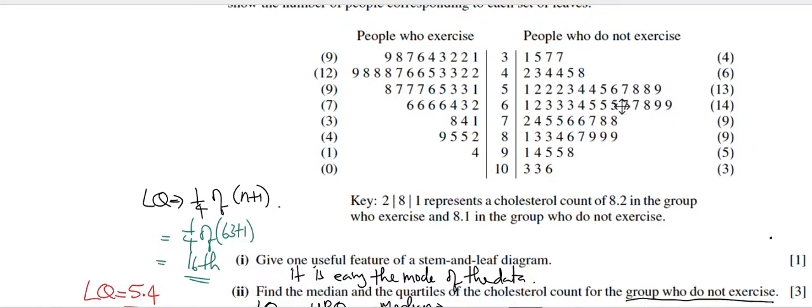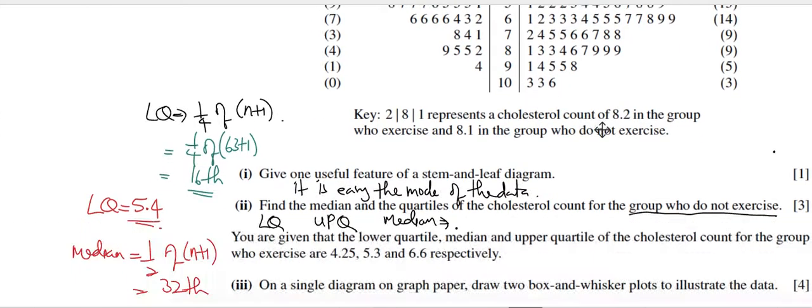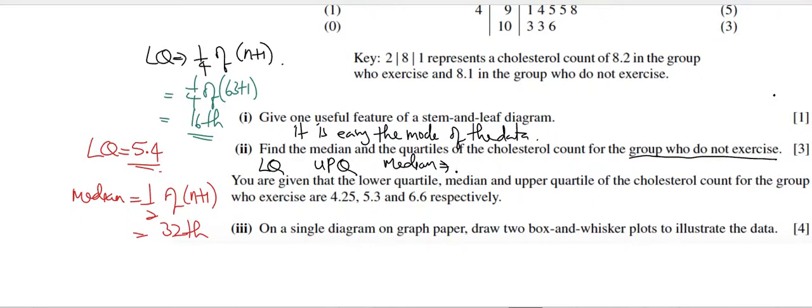Counting to 32 gives 6.5. So the median equals 6.5.